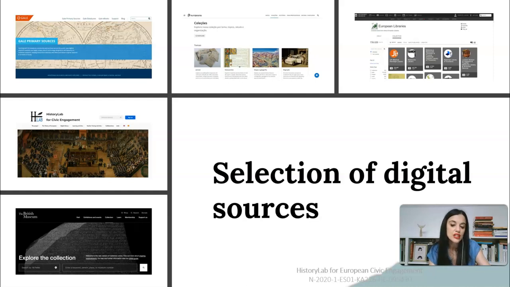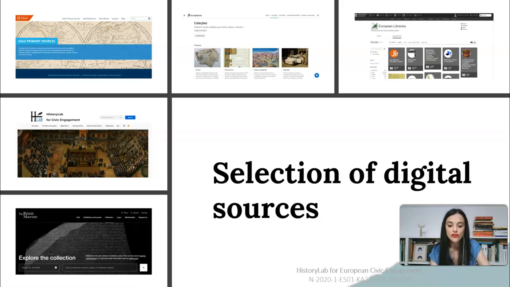Websites of museums and archives give access to historical objects, images, documents, and multimedia representations related to historical periods and themes. Furthermore, the Internet provides access to documentaries and podcasts.